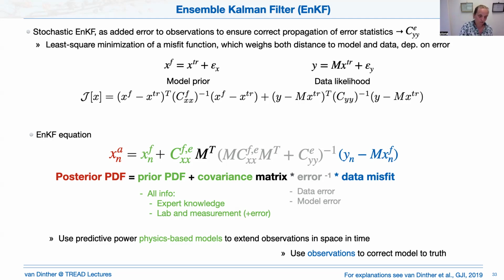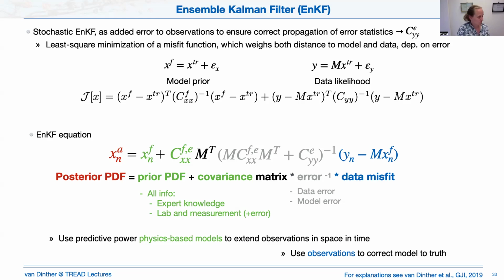You can calculate the posterior probability density function based on your, let's say, 150 models or thousands of models, starting from the prior, x f. This is your forecast from the numerical model, plus the covariance matrix multiplied by a data error and a model error component in light gray. This is then multiplied by the data misfit.